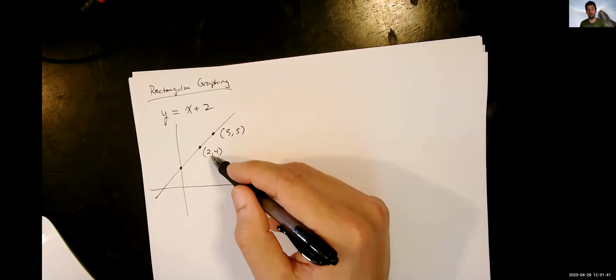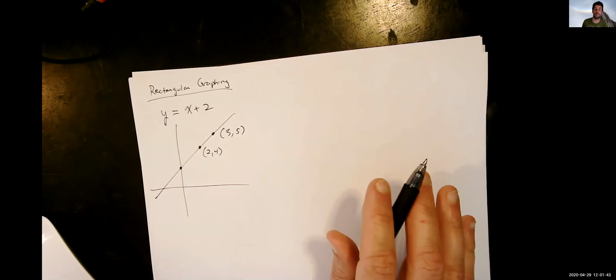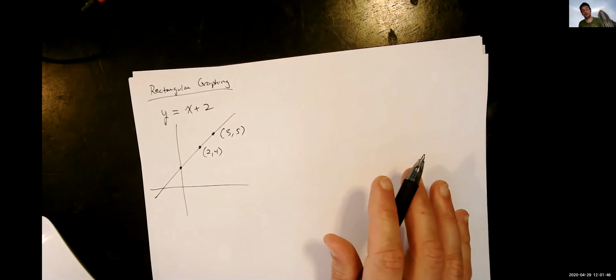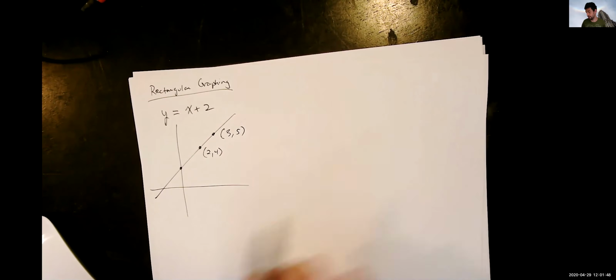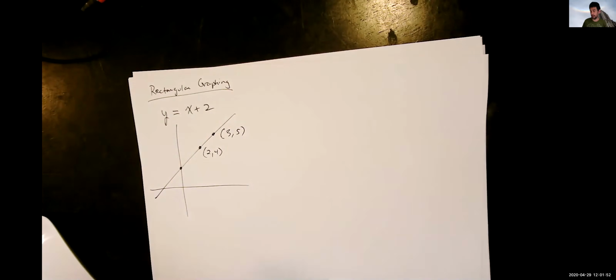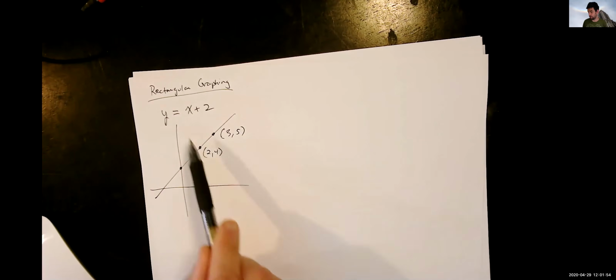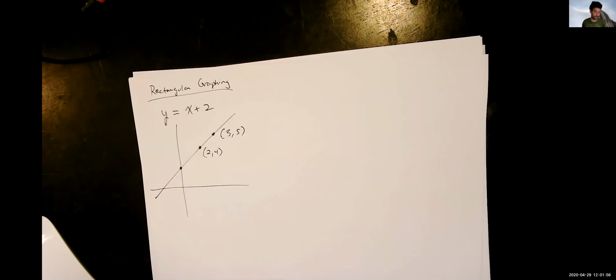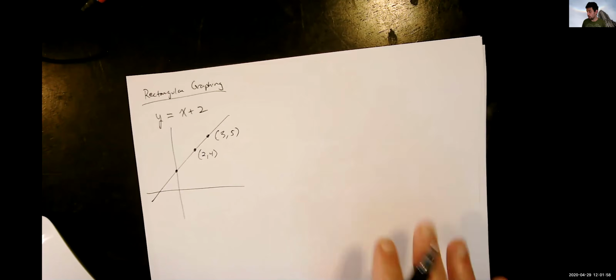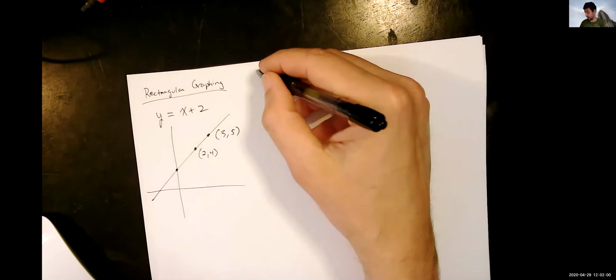Its distance vertically from the origin is always 2 units more than its distance horizontally. If we're on the positive side, it's a little different in the negative direction. Okay? In other words, each of these points satisfies this equation.